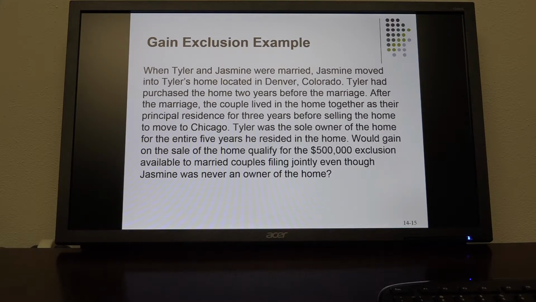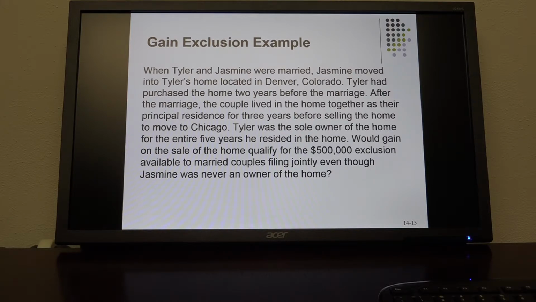Now, having said that, if they live there 20, 30 years, let's say this guy bought the home way back when, in the 80s, and lived there 30 years, and he bought it for $100,000 and it's now worth $500,000, or let's say $700,000.